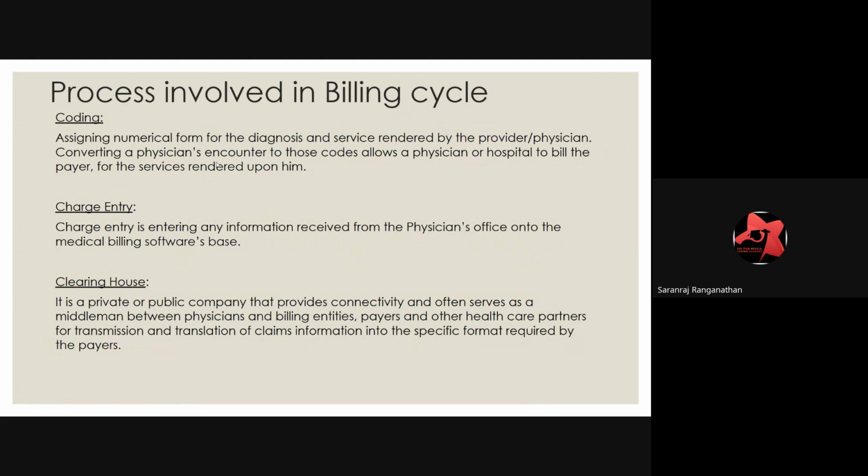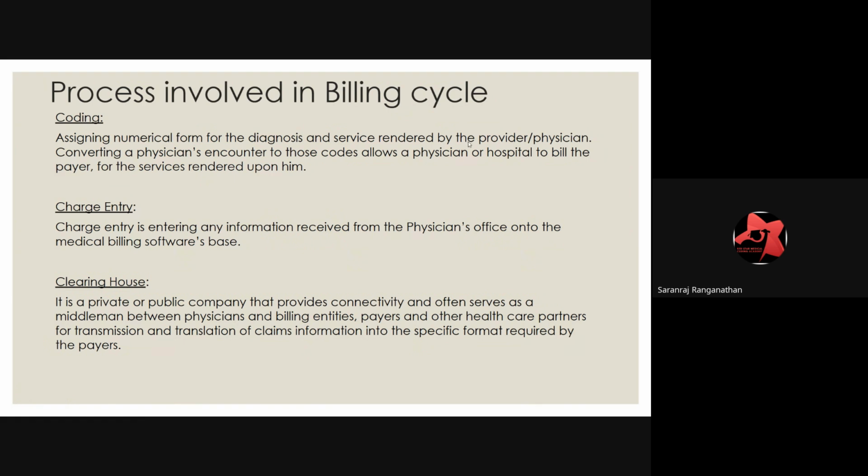And the next process involved in the billing cycle is coding. Before the billing, the coding. Once the service is received by the patient, the report will be transcribed. Then it will be sent to the coding team. Coding is assigning a numerical form of the diagnosis and service rendered by the provider or physician, converting a physician encounter to codes that allow the physician or hospital to bill the payer for the service rendered.